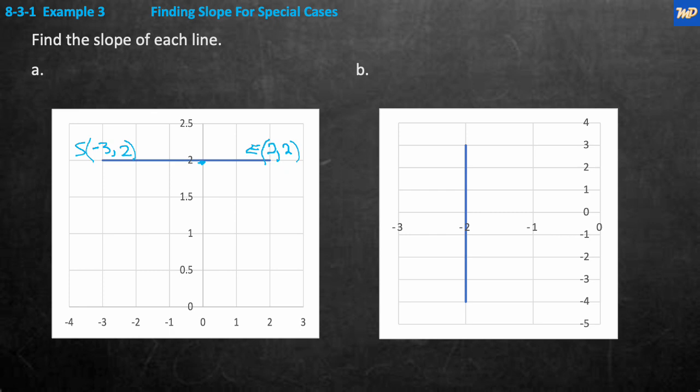Okay, so now we're going to use the formula to figure out what the slope of this line is. I'll say m, as I did before, is equal to the ending value, y on top, x on the bottom. Remember, it's rise over run. The x is the run, y is the rise.